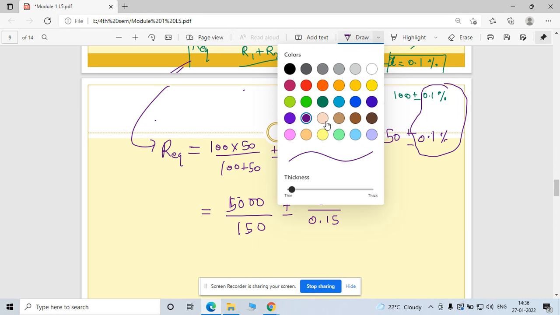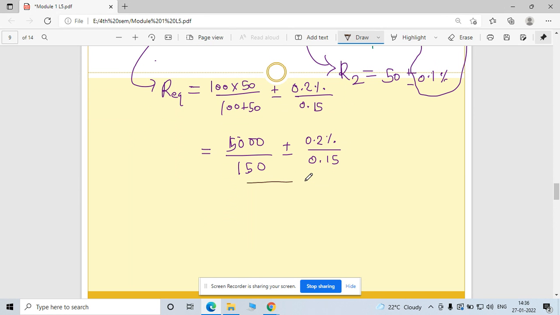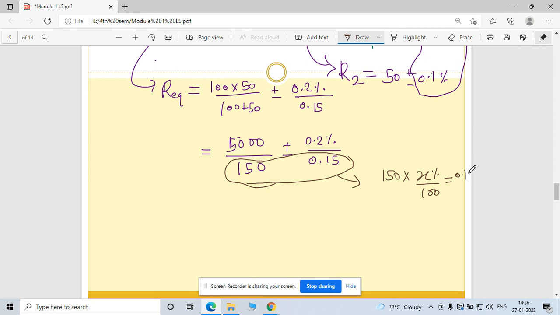So do one more calculation here. For converting this scale into the percentage, when I take the percentage calculation, this is your 150 into x percentage is equal to 0.15.